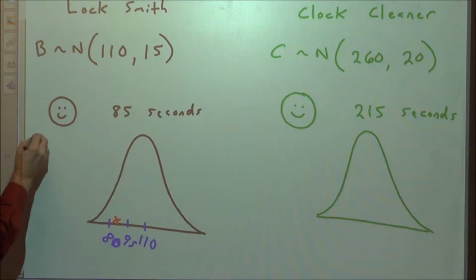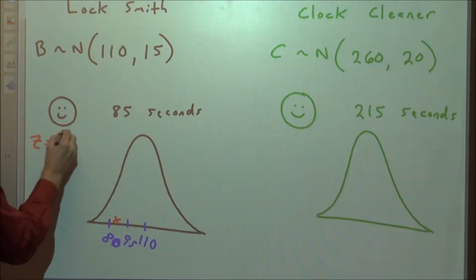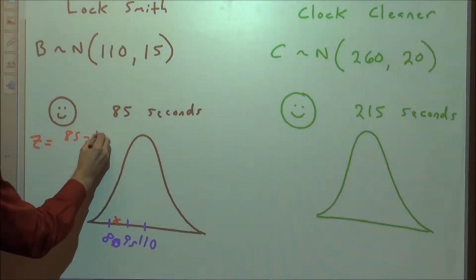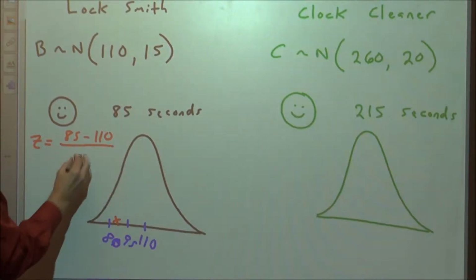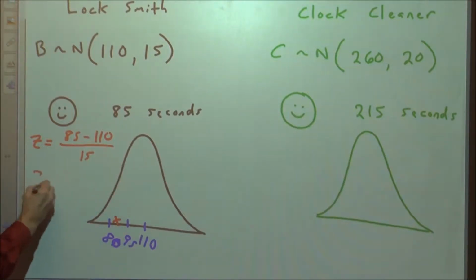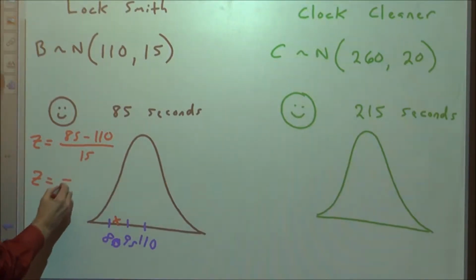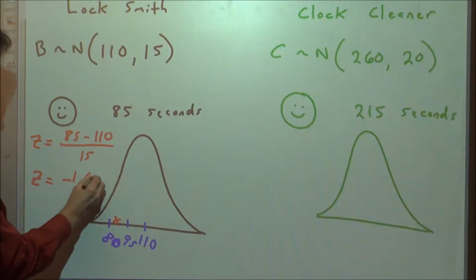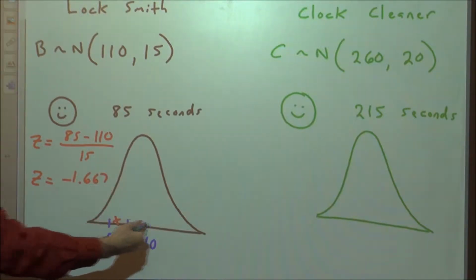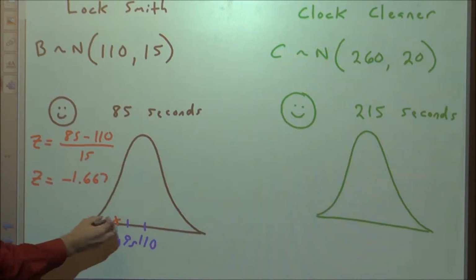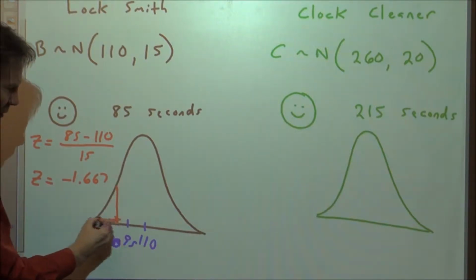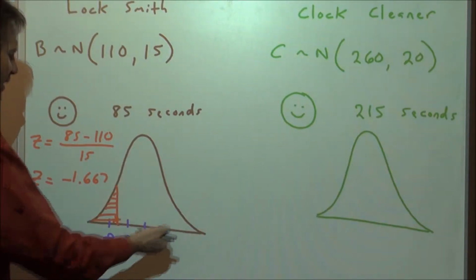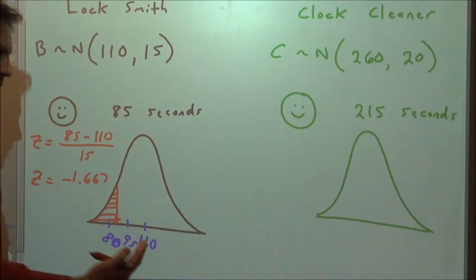He's right here. We can find a z-score for that. We can take his 85 seconds minus the mean of his distribution divided by 15. That gives us a z-score of -1.667. So again, he's less than 2 standard deviations below the mean. So there's still a fairly significant percent of the time when he would expect to get a score that's less than that.